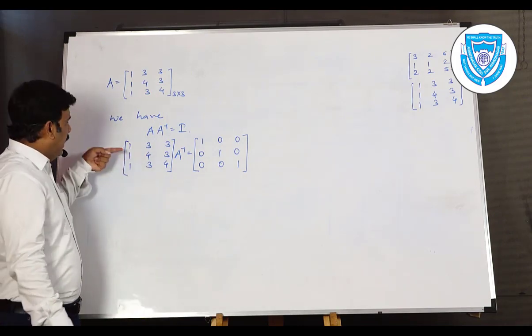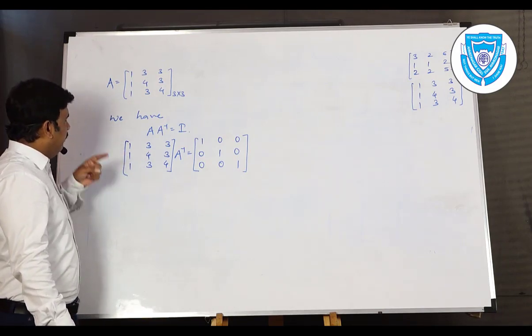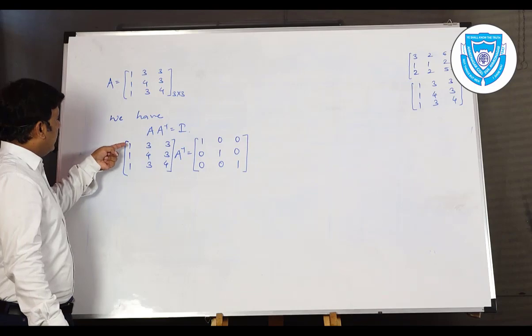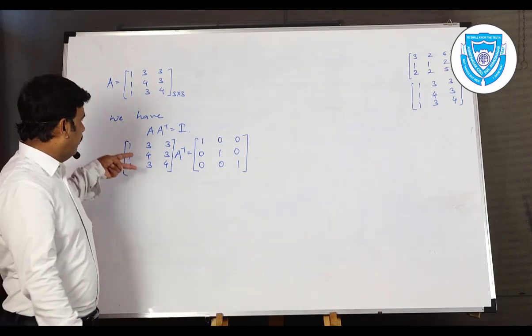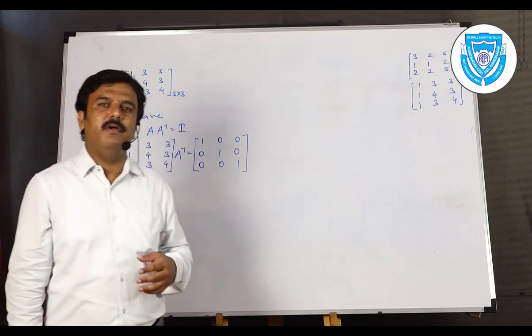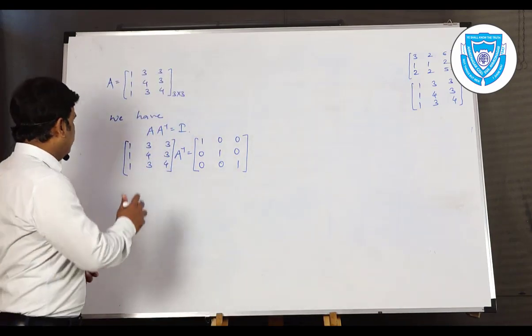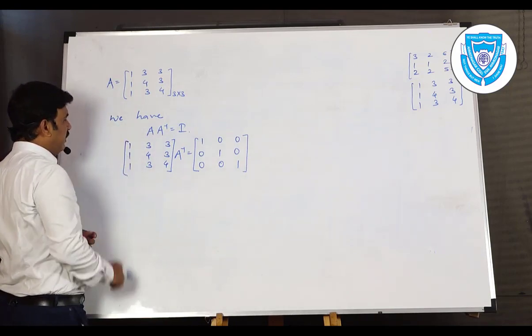While performing the operation on R2 and R3, we'll have to take help of R1 only. In this case, as we are performing 2 operations at a time, we'll take help of R1. Now you can observe that 1 minus 1, of course, will get 0.